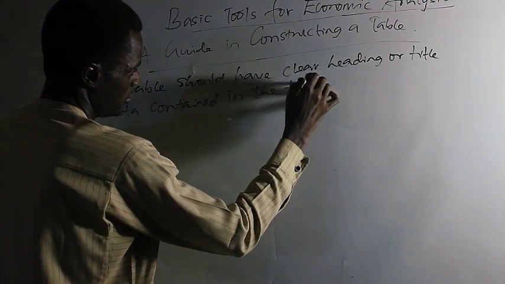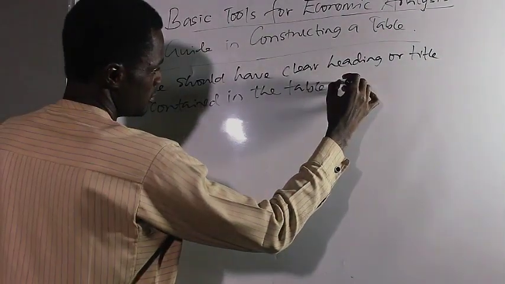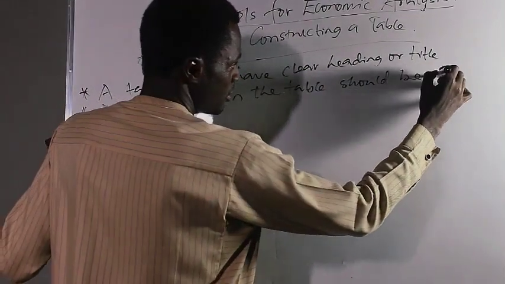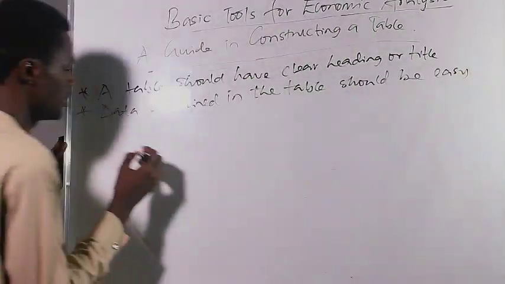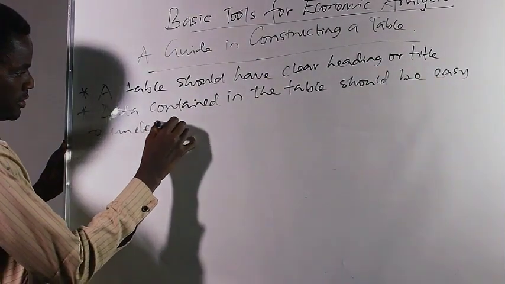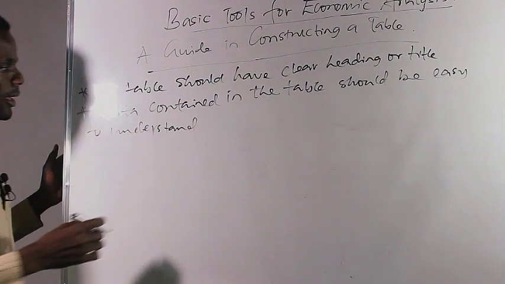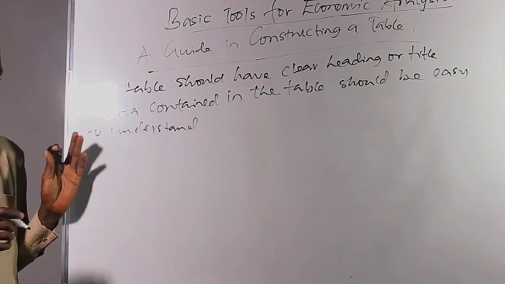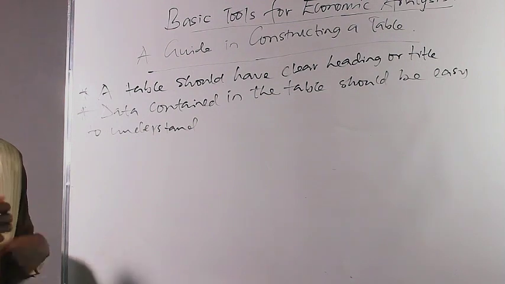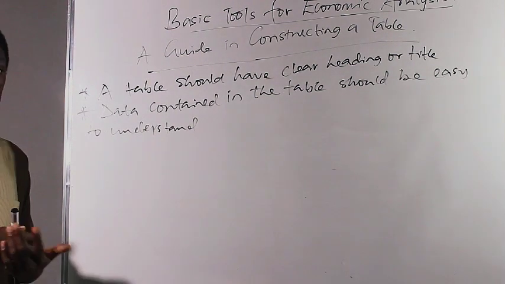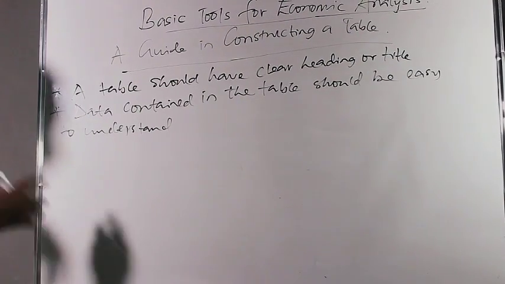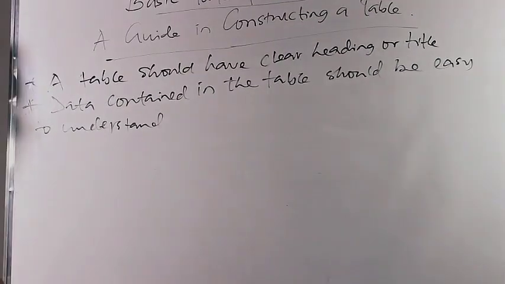The data in the table should be easy to understand. This is another guide. Since we are dealing with information about an individual, a process, or an activity, then that data is supposed to be easy to understand.